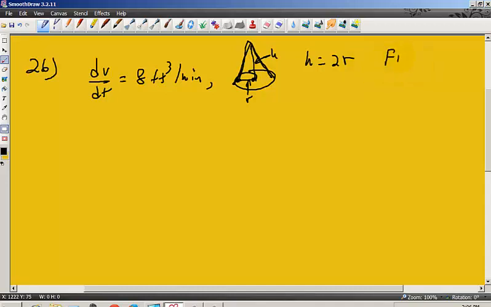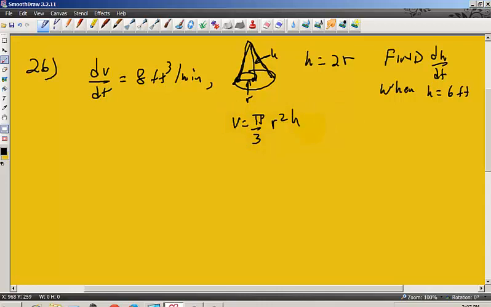Okay, stop. They want me to find dh/dt. At the instant means when. Go ahead. When the height is equal to 6 feet. Looks like the same type of problem, right? So my volume is equal to pi thirds r squared h.